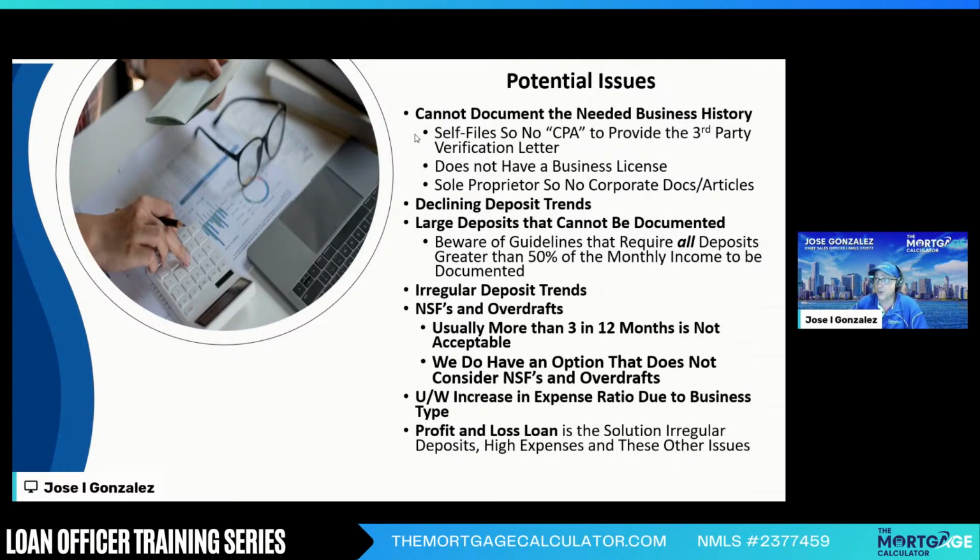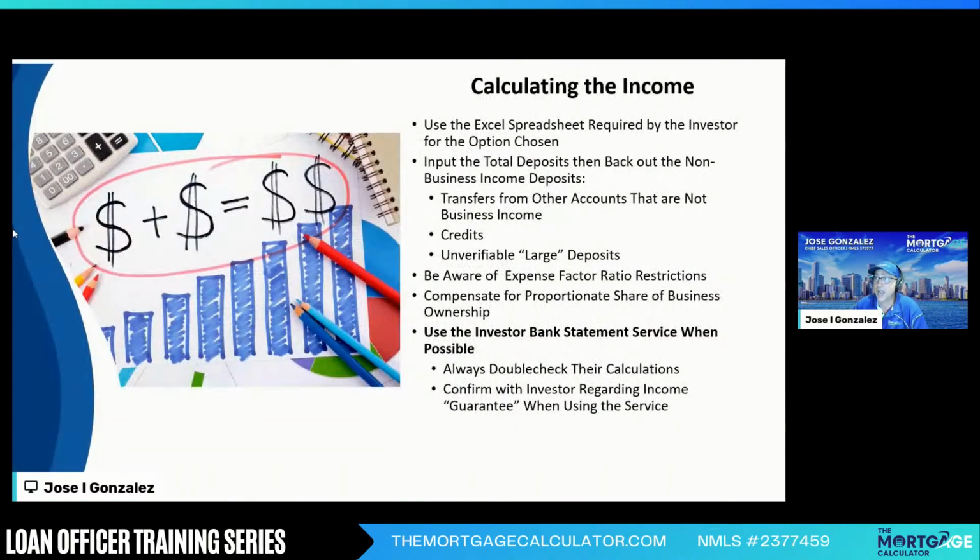So you've heard of all the issues, you've heard of the solutions. Now, calculating the income. Really important, what you should take into consideration here is, make note, all guidelines are different. I never get tired of saying that.